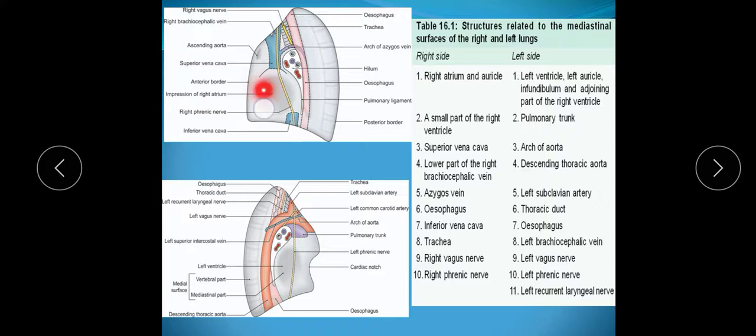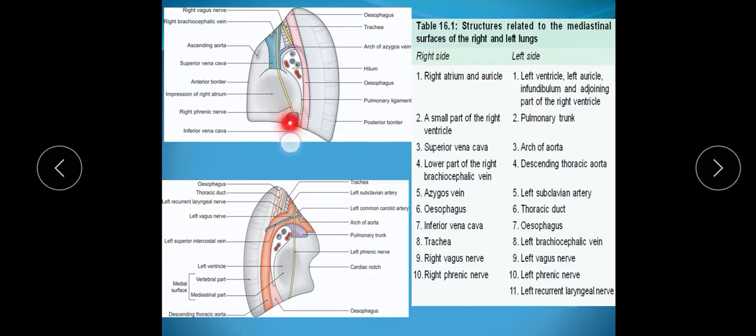On the right side, this is a diagram of the mediastinal surface of the right lung. The impression of the right atrium and right auricle, a small part of the right ventricle, and the superior vena cava. This one is the impression of the superior vena cava, brachiocephalic vein, lower part of the brachiocephalic vein, azygous vein, esophagus, trachea, inferior vena cava.